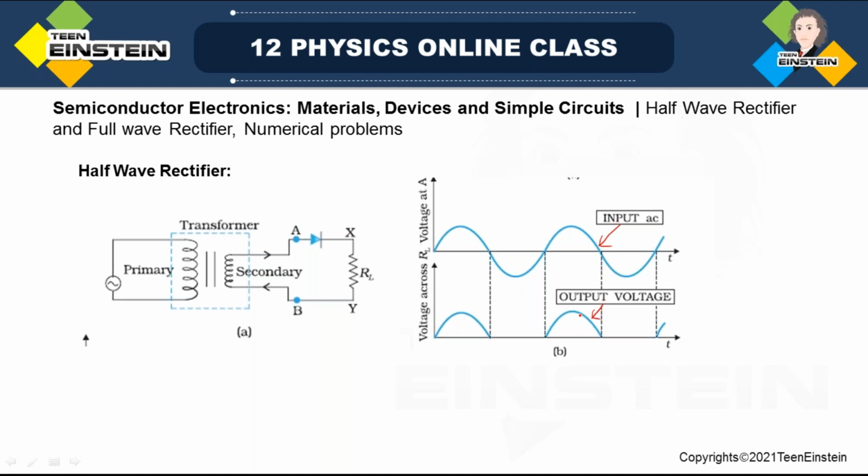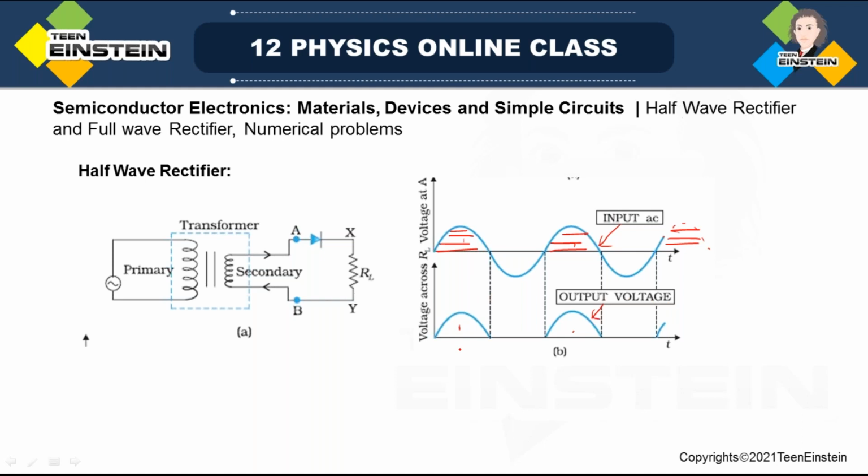Now this output voltage is exactly the same as only the positive half cycle. See, this is how the output waveform has exactly the form of only positive cycles. Okay, positive cycles.